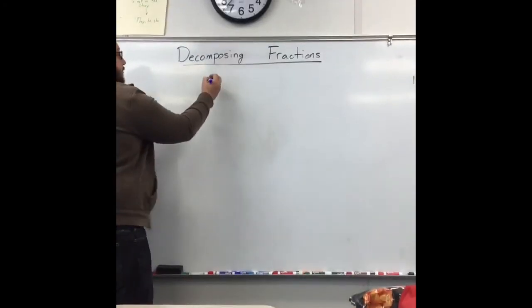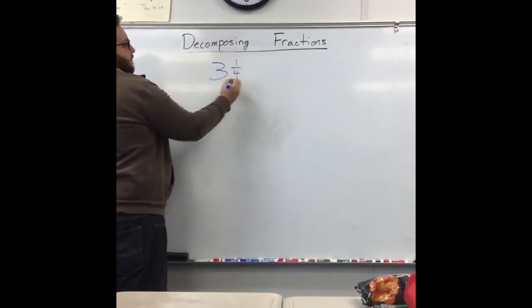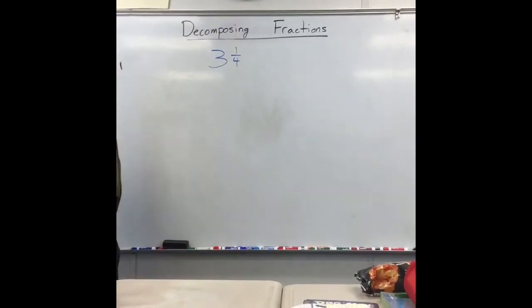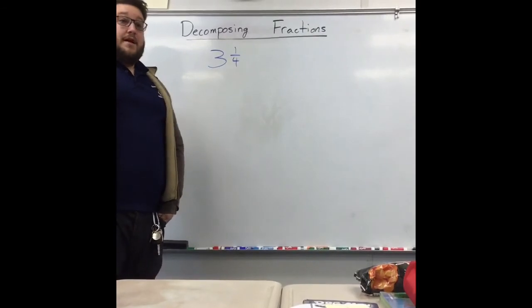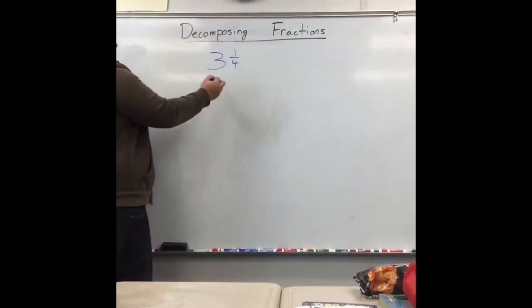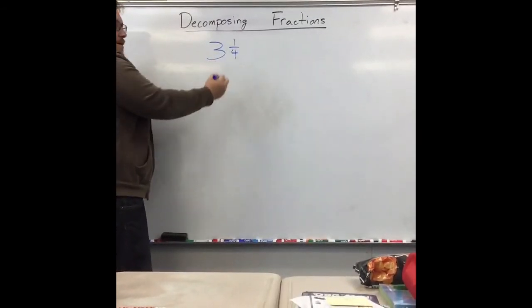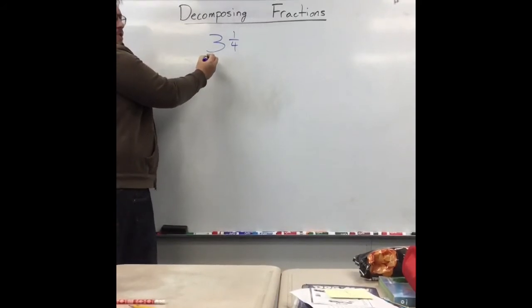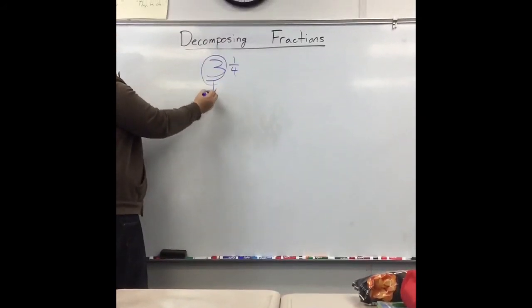Let's convert one more mixed number. How about we do 3 and 1/4? What's my first step? Eli? You gotta circle the whole number, the 3. Draw my arrow.